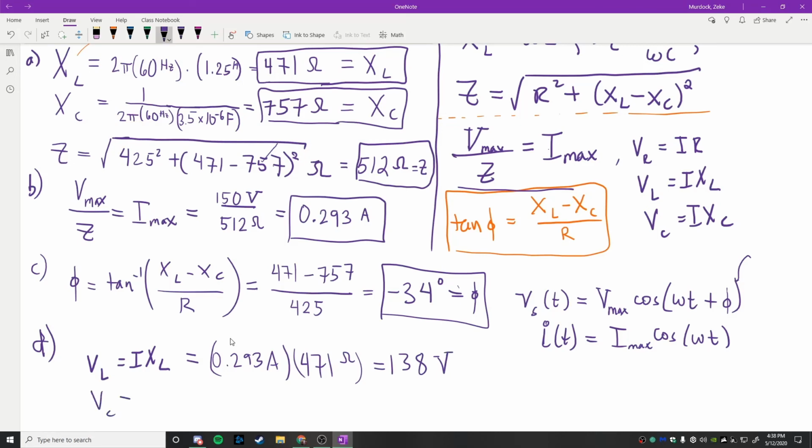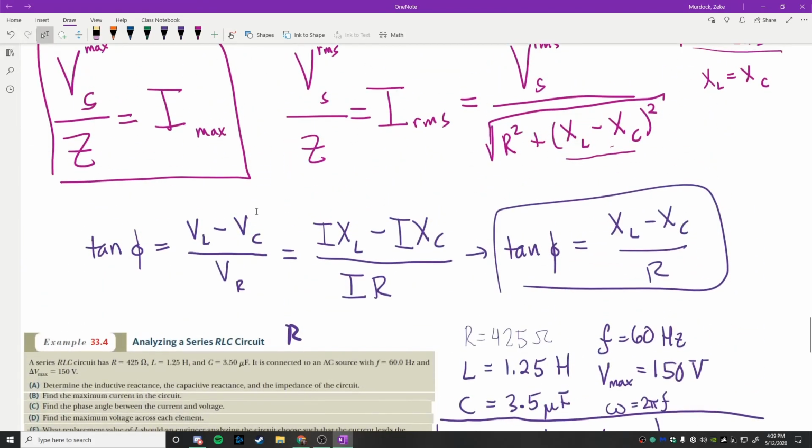For VC, it's VC equals I times XC. So that's going to be the same current, 0.293. The equation for tan phi is over R, because you make it VL minus VC over VR, but then you realize that VL is I times XL, VC is I times XC, and this is I times R, so all the currents cancel out of this equation, and that's why you get that expression right there.